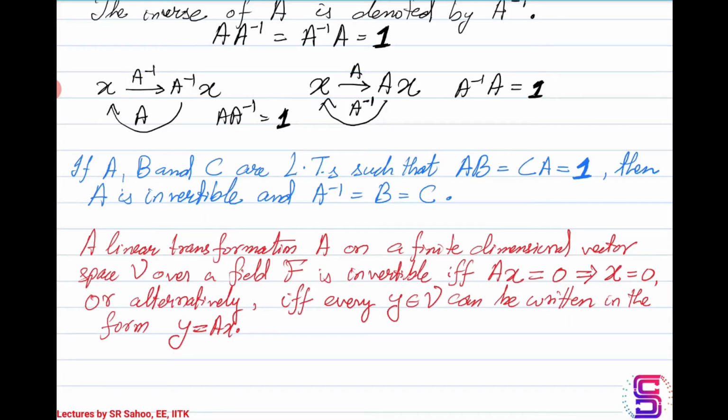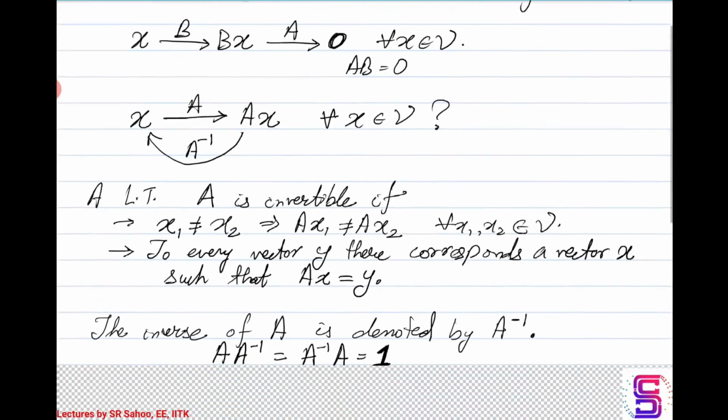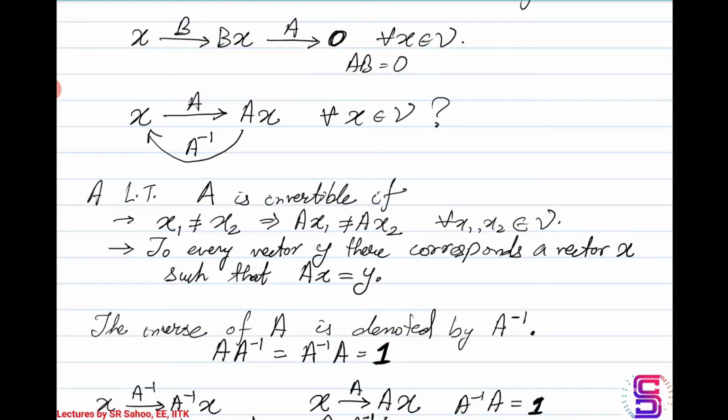Now we had stated the invertibility condition, let me go back to that, which was that x1 not equal to x2 implies Ax1 not equal to Ax2, the one-to-one condition. This is the same as stating that Ax equal to 0 implies that x is 0. So A acting on a vector, if it gives you a 0 vector, then the vector itself has to be a 0 vector. And then we also have to satisfy the onto condition. So this is the general definition of a linear transformation to be invertible, for some vector space.